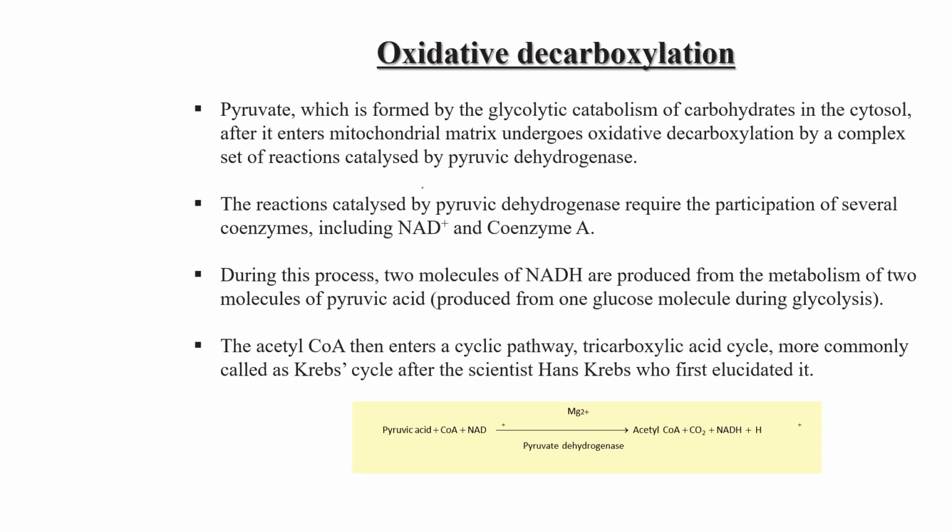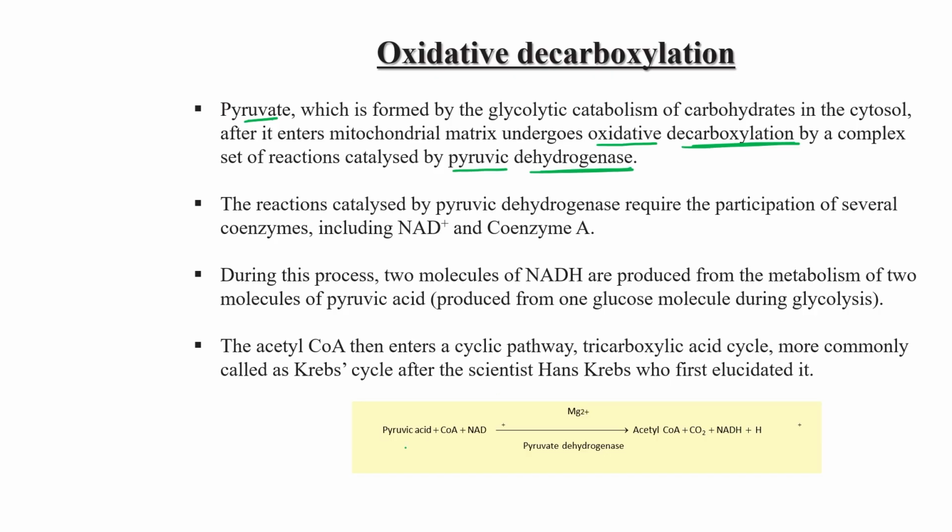And then this pyruvate, which is formed by glycolytic catabolism of carbohydrate in the cytosol or cytoplasm, after it enters the mitochondrial matrix, undergoes oxidative decarboxylation by a set of reactions catalyzed by pyruvate dehydrogenase.